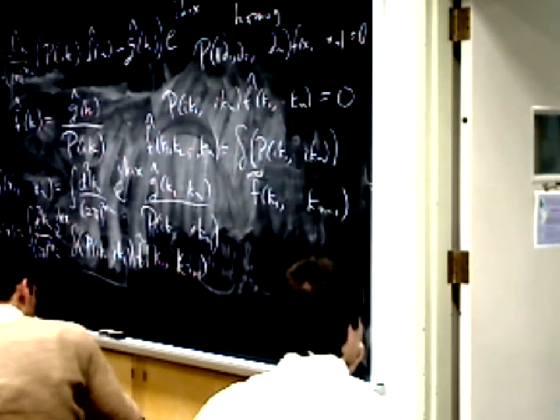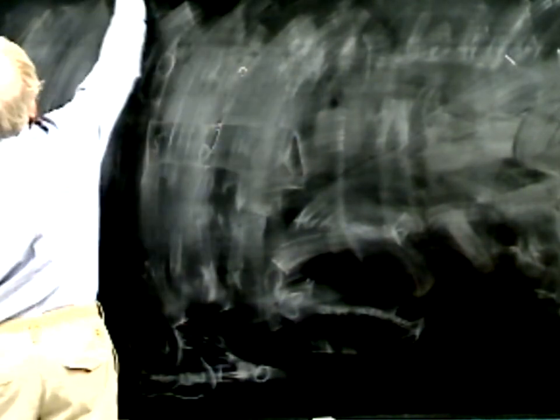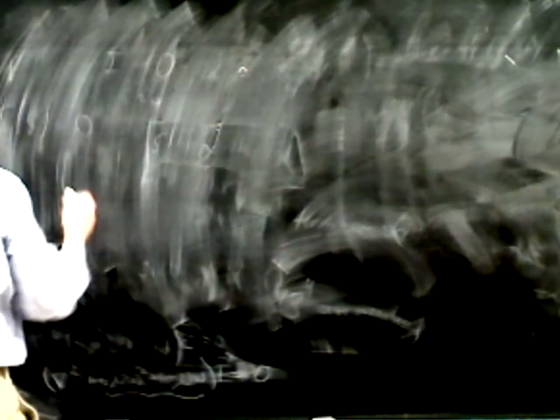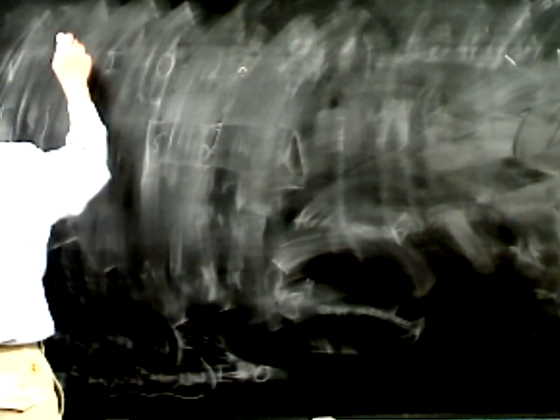Suppose we have p of d, f of x equals g of x. So this is the inhomogeneous equation. All right. Suppose we have a solution of this, which we can call, say, f1.